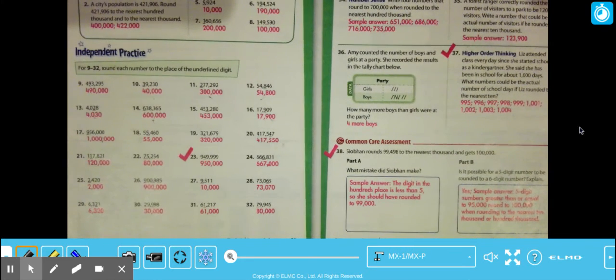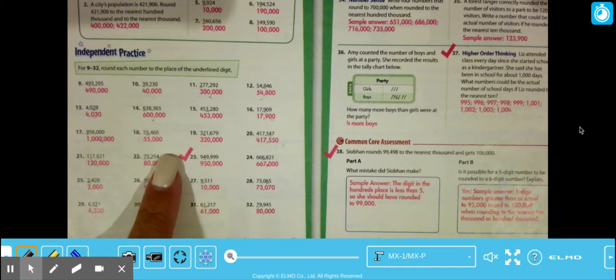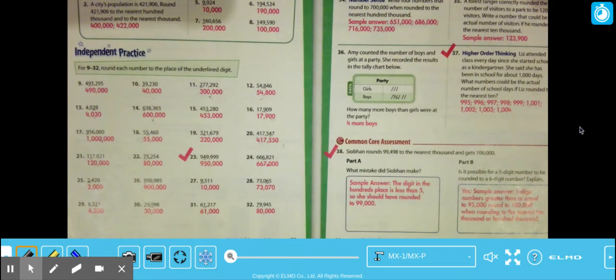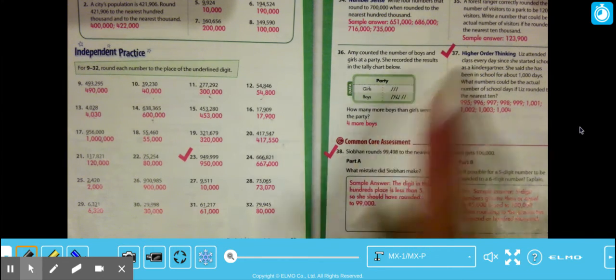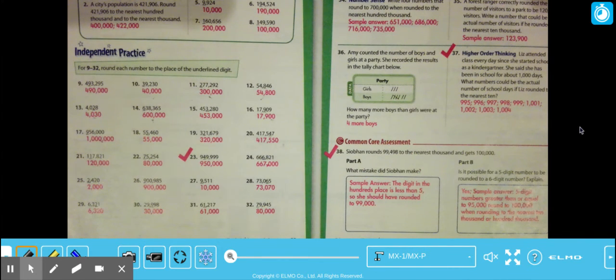All right, and just try to correct as many as you can. It doesn't have to be the whole page. You'll notice that some of them have check marks next to them. That just means, because this is my teacher's edition, that if you get the 3 that have the check marks correct, then you have a pretty good understanding of this concept.